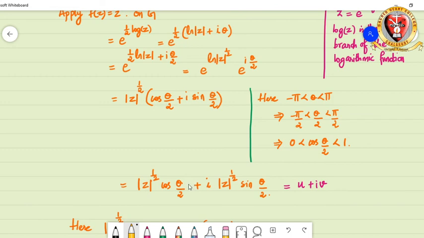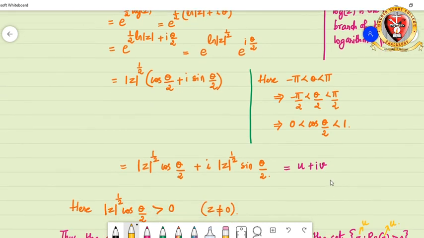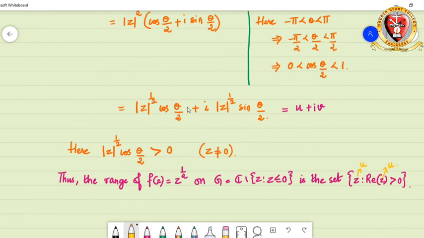When we consider the real part, this cos theta by 2 lies strictly between 0 and 1 and doesn't take the value 0, because it is a strict inequality. Also this modulus of z will never be 0 because we are not taking z equal to 0, since we are considering the slitted complex plane. So definitely this real part will be strictly greater than 0.